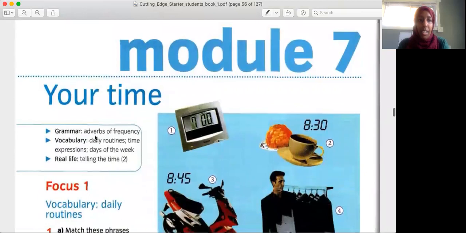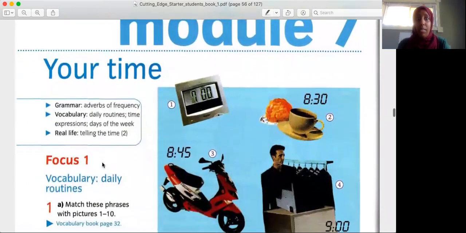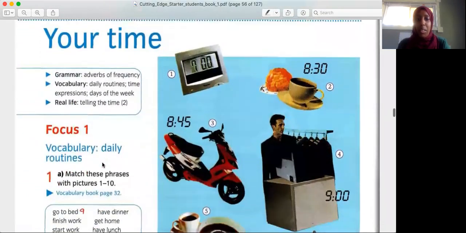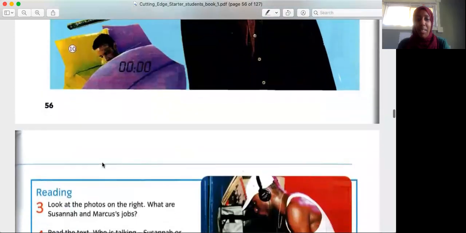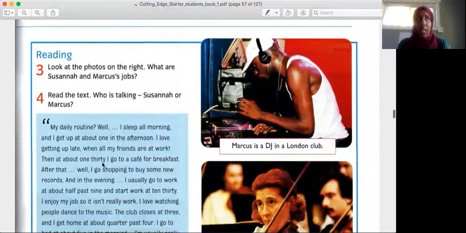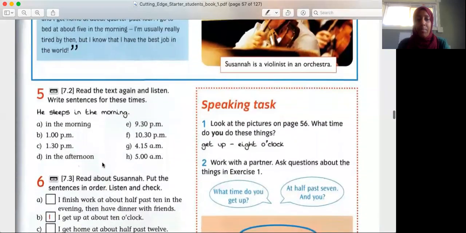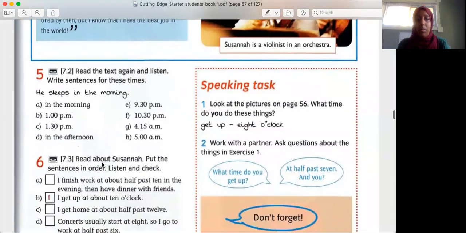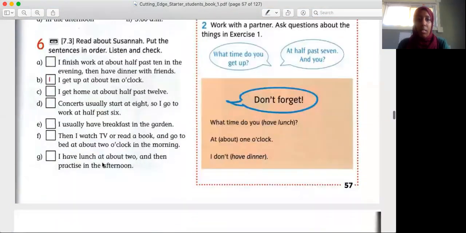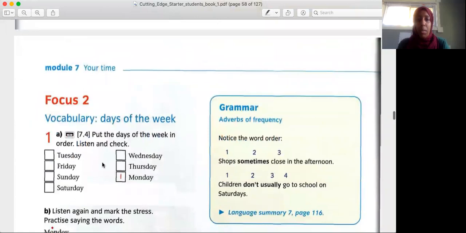So the grammar here is adverbs of frequency, and that's it. Yay. It's lovely when one module has only one set of grammar. I did this lesson with Raphael earlier, this last week, so it might be fresh in my mind.